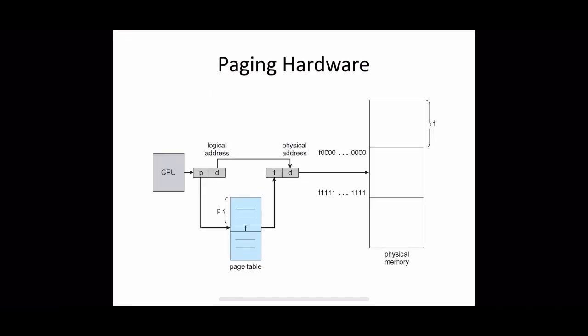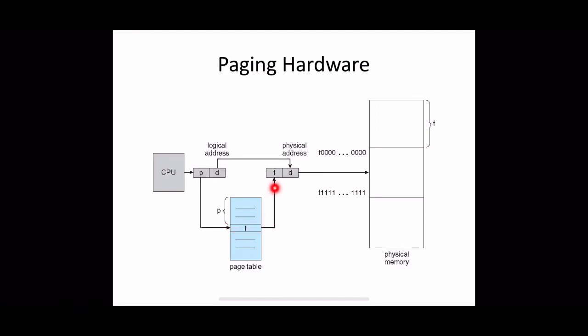So this is the paging hardware. The address generated by the CPU, or by the process, can be treated as a combination of two parts, an offset part and a page number. The page number we take as an index into this page table, and the corresponding entry gives the frame number.